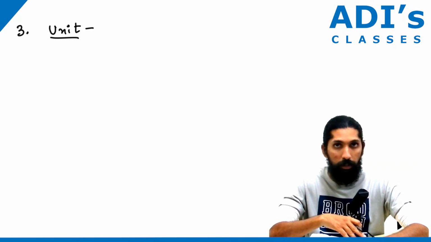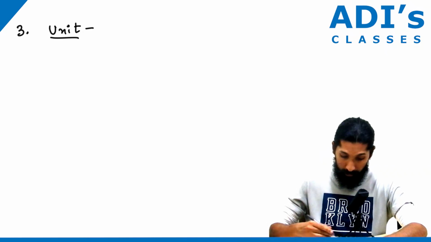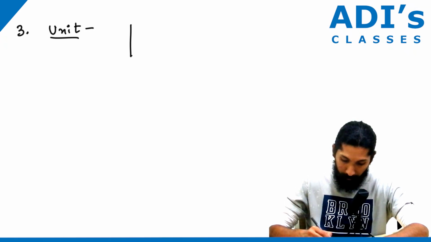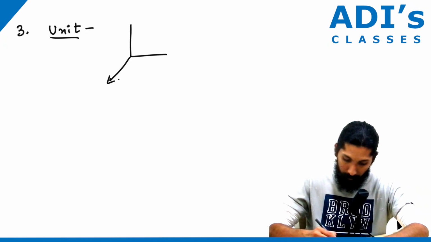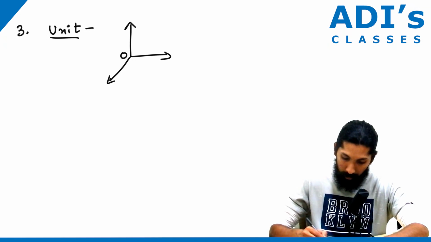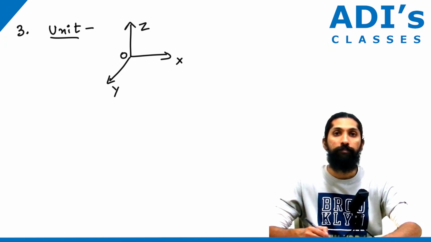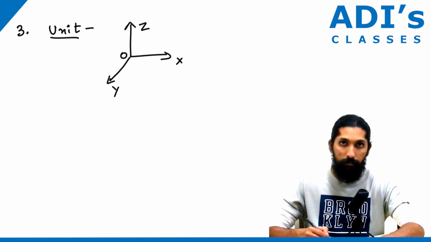it might be. Suppose, let's say we'll consider the xyz plane. Say this is 0, say this is x, say this is y, say this is z. We have the xyz space, correct?